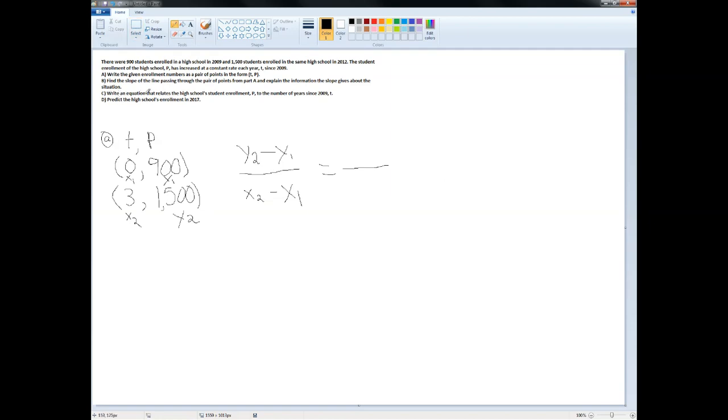Then they want you to write an equation that relates the high school's enrollment to the number of years since 2009. This is part C, and it's a linear equation, y equals mx plus b. But this time they don't want you to use x and y.